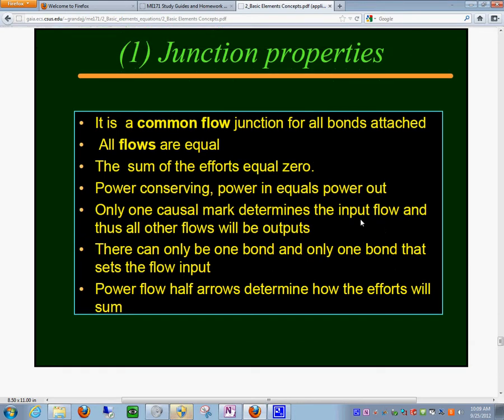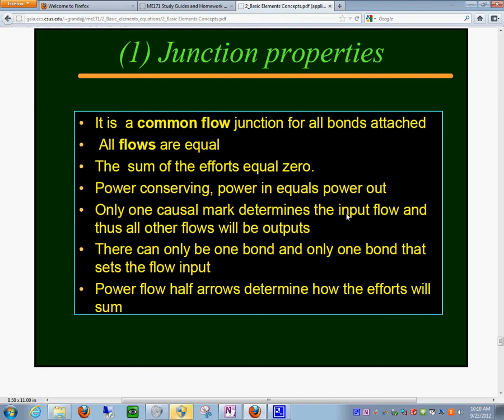Summary of the one junction properties. It is a common flow junction for all bonds attached. All flows are the same. Flows are equal. Sum of the efforts equals 0. It is a power conserving element. Power in equals power out.